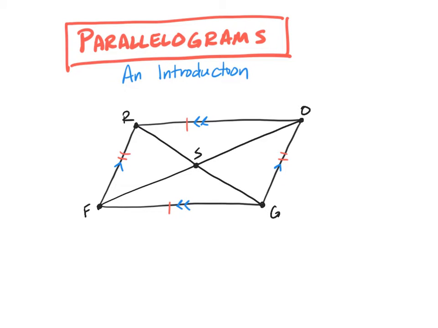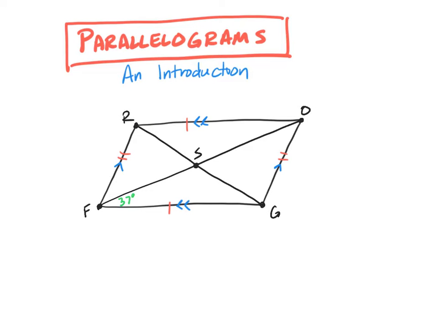But since it's a parallelogram, we can actually go to parallel lines with transversals. What I mean by that is, let's say that this is 37 degrees here. Because these here are parallel, oops, wrong ones.